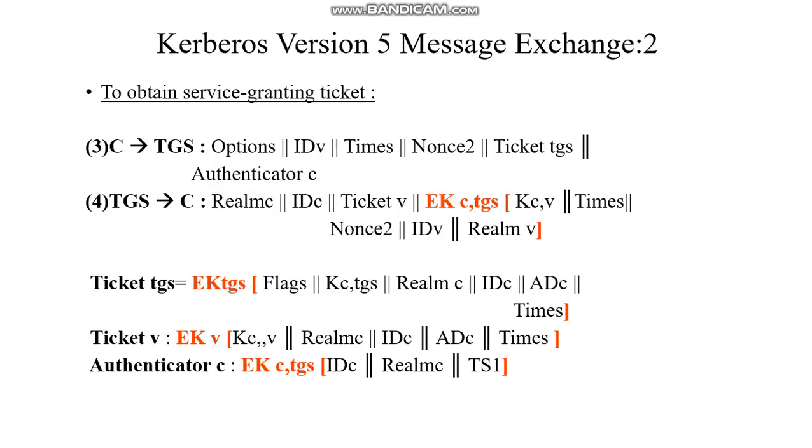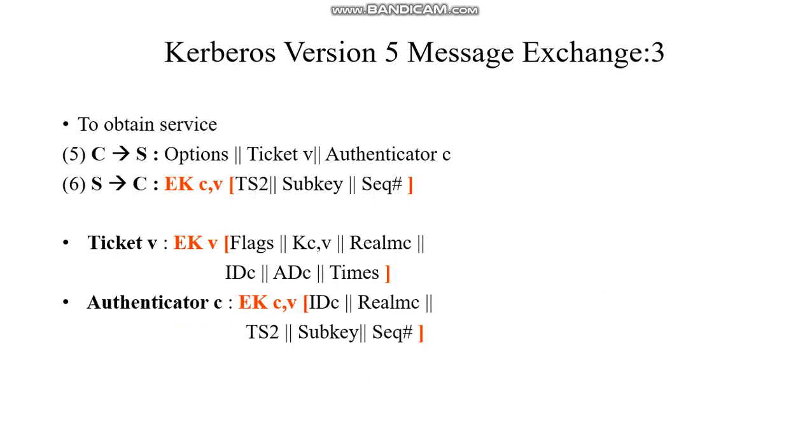The third message is a request for a service, which is sent to the TGS, the ticket granting server. The ticket granting server in turn verifies the authentication of the request, and then a response ticket is given to the client. Finally, the client can obtain the services from the server.